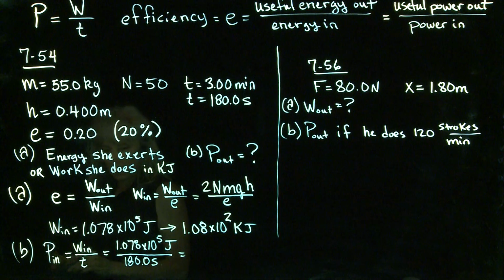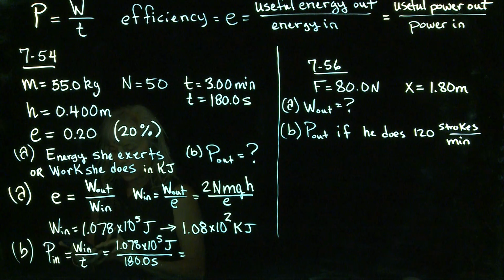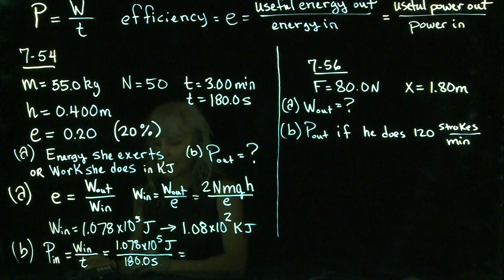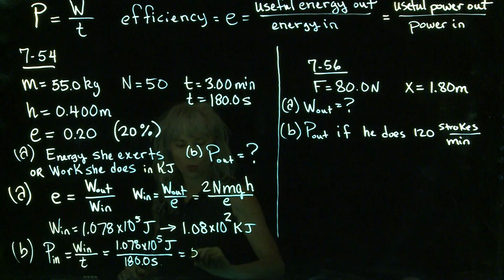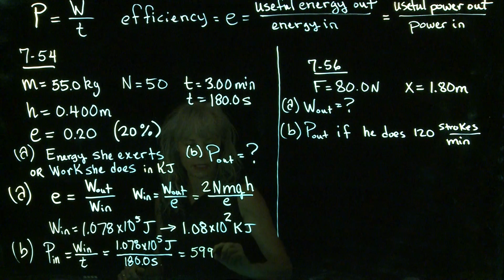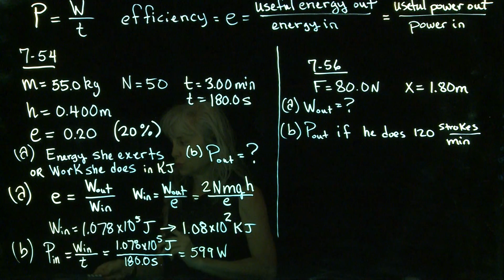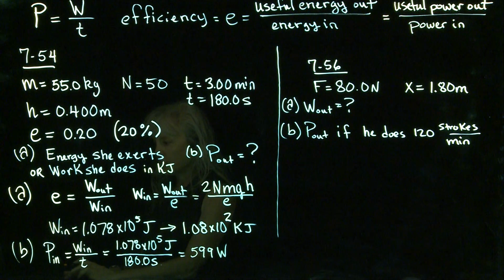And so dividing this energy by 180 gives us 599 joules per second, or watts. So 599 watts or joules per second. Remember, they are the same.